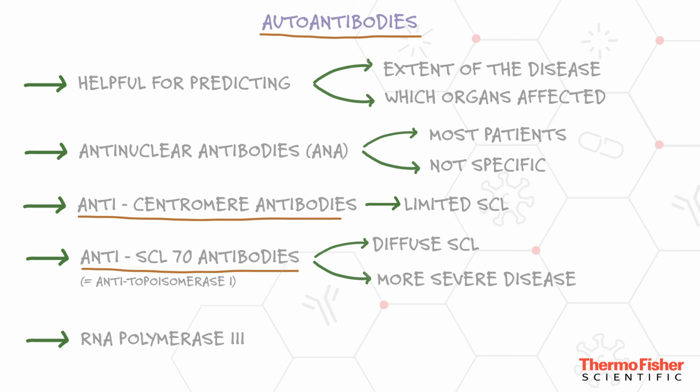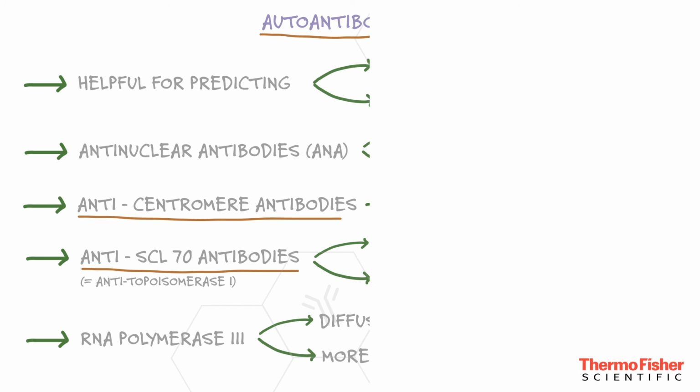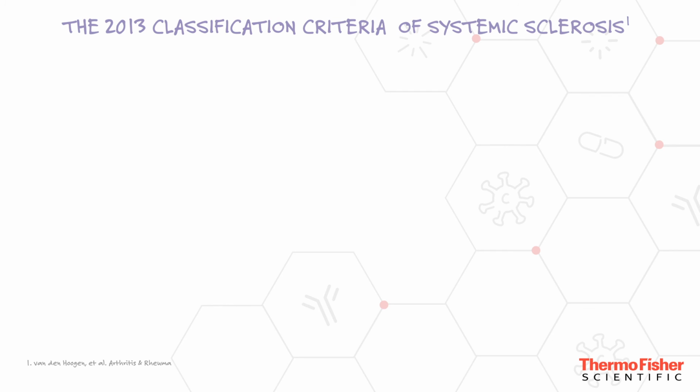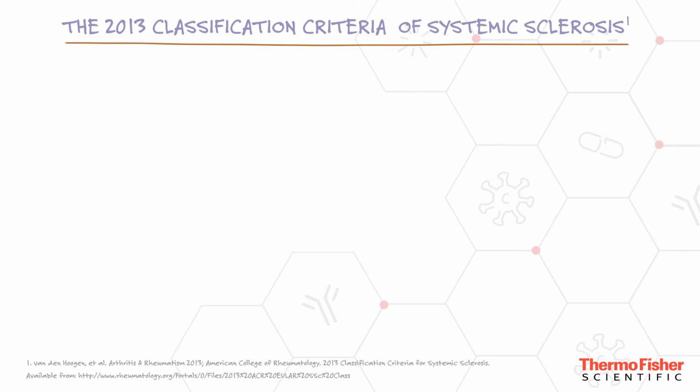They are more frequent in patients with diffuse systemic sclerosis. Patients who have these antibodies show an increased risk for skin thickening, renal crisis, and malignancies, but do not show severe interstitial fibrosis.